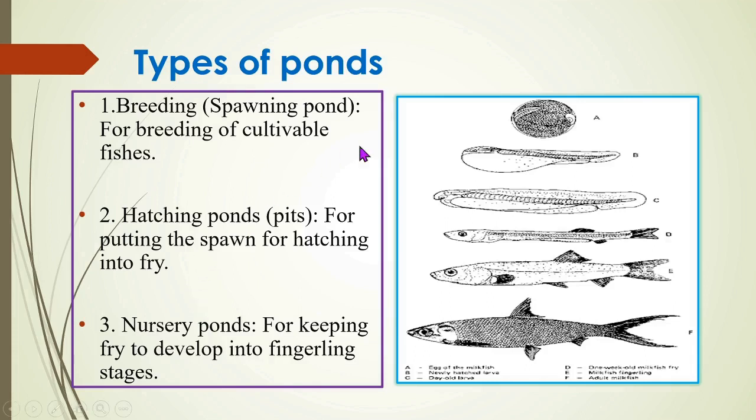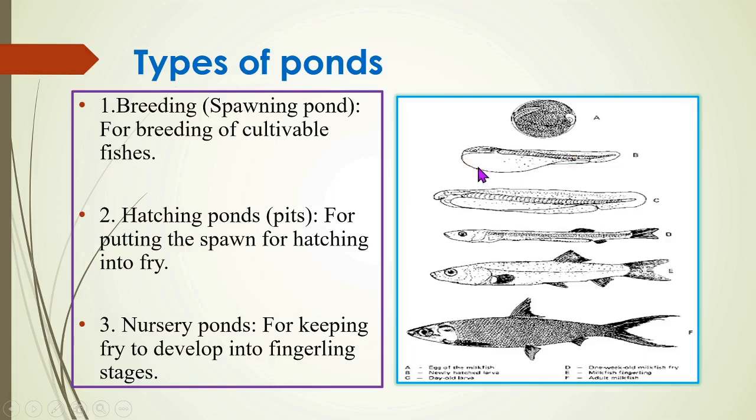In this slide, you can see the image here. This is a fertilized egg of a fish which undergoes development. After 12 hours, it changes into a prolarva or hatchling. This prolarva has a yolk sac underneath. It has no mouth.